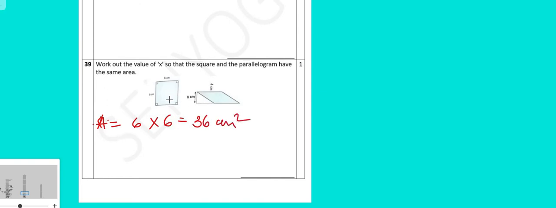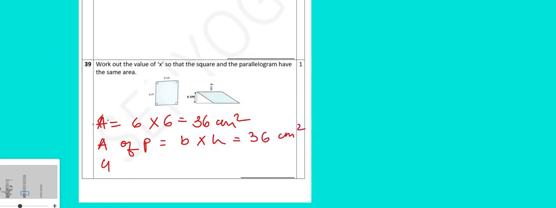The formula for finding the area of a square is length into breadth. So this is the length into width, that is 6 into 6. So area of the parallelogram is equal to base into height, which is equal to 36 centimeters square.